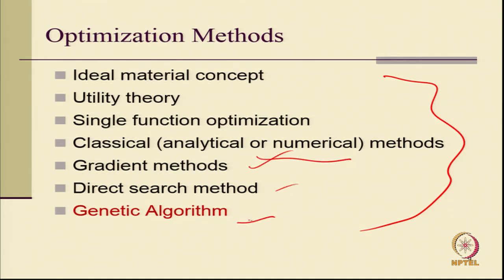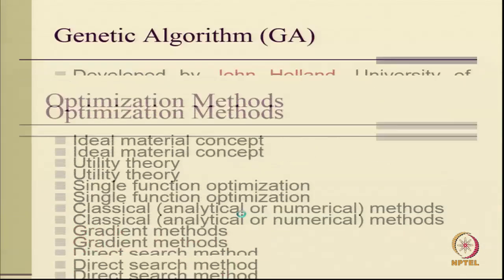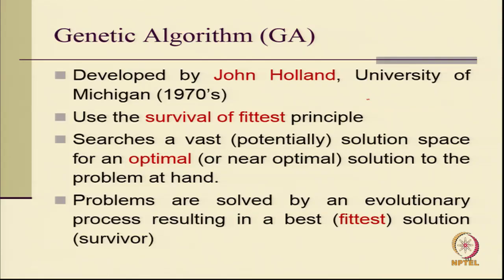What suits well is one of those evolutionary algorithms, based on the survival of the fittest principle, which searches a vast potential solution space and then comes to the optimal or near optimal solution gradually.